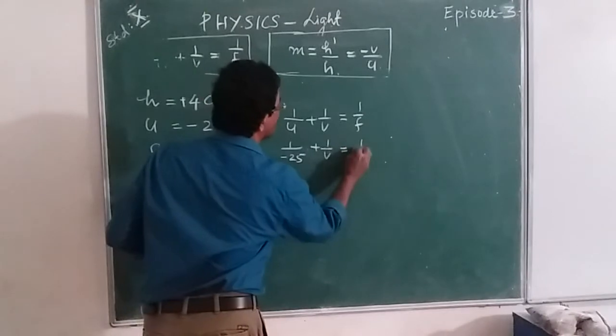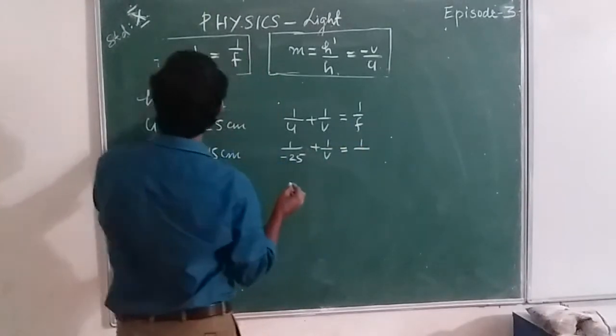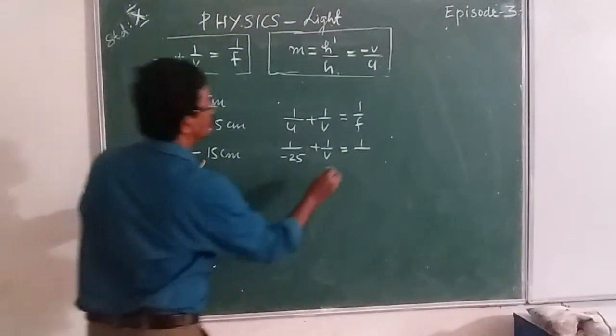See, we can apply the equation at first. Mirror formula: 1 by u plus 1 by v is equal to 1 by f. Here 1 by u, u is how much? Minus 25, plus 1 by v, which you don't know, is equal to 1 by f. F is how much? F is minus 15.